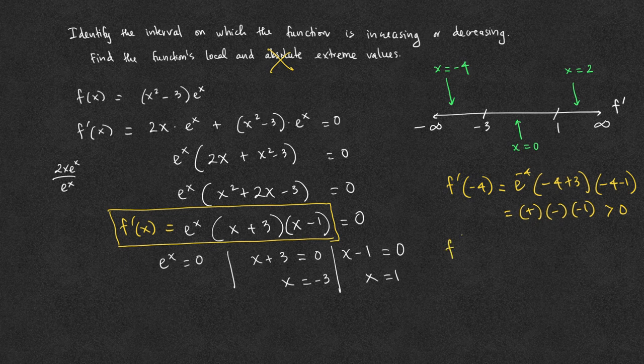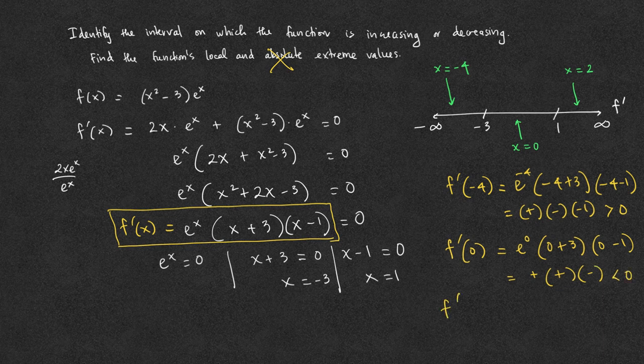For the second interval, f prime of 0 is e to the 0 times (0 plus 3) times (0 minus 1). e to the 0 is positive, 0 plus 3 is positive, and 0 minus 1 is negative, and so this product is negative.